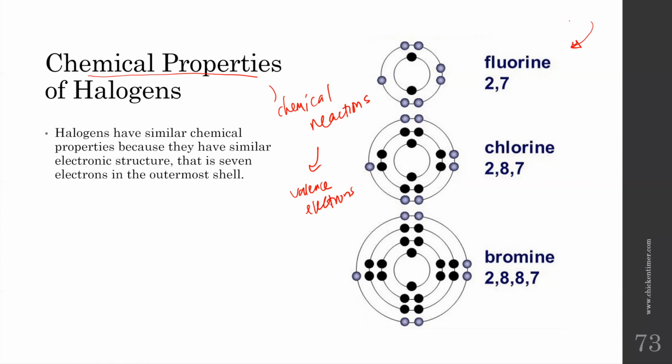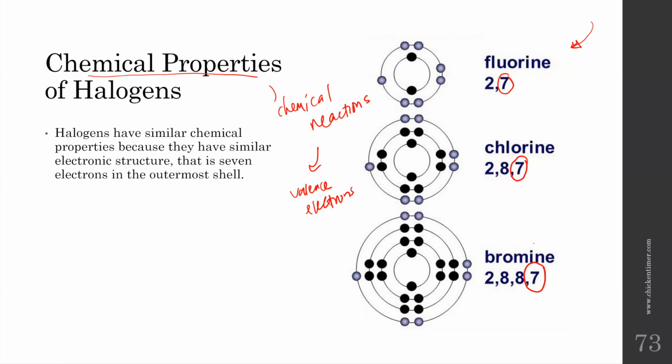Fluorine is 2,7, so the valence shell has 7 electrons. Chlorine is 2,8,7, so the valence shell is also 7 electrons. Then bromine is like this, it also has 7 valence electrons. So because of this, halogens will have similar chemical properties.